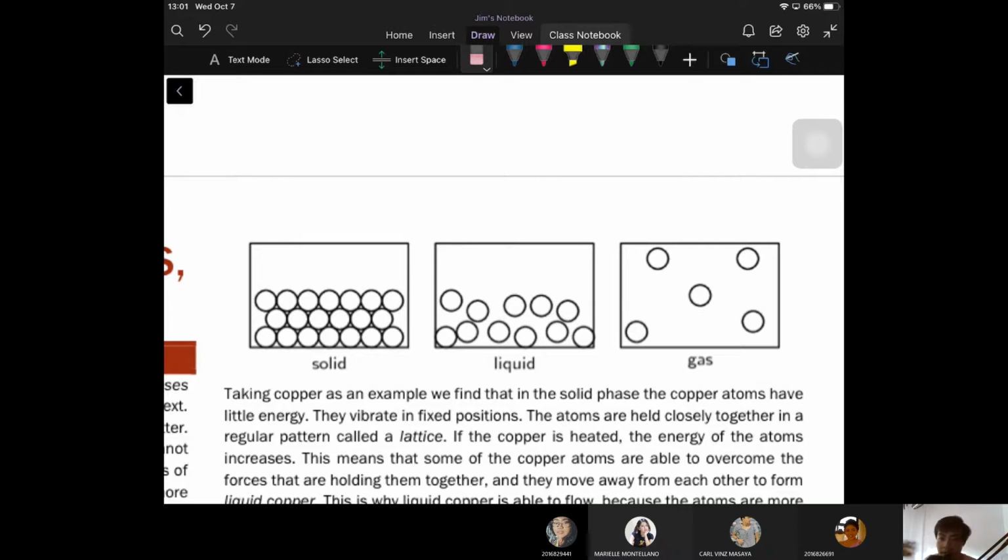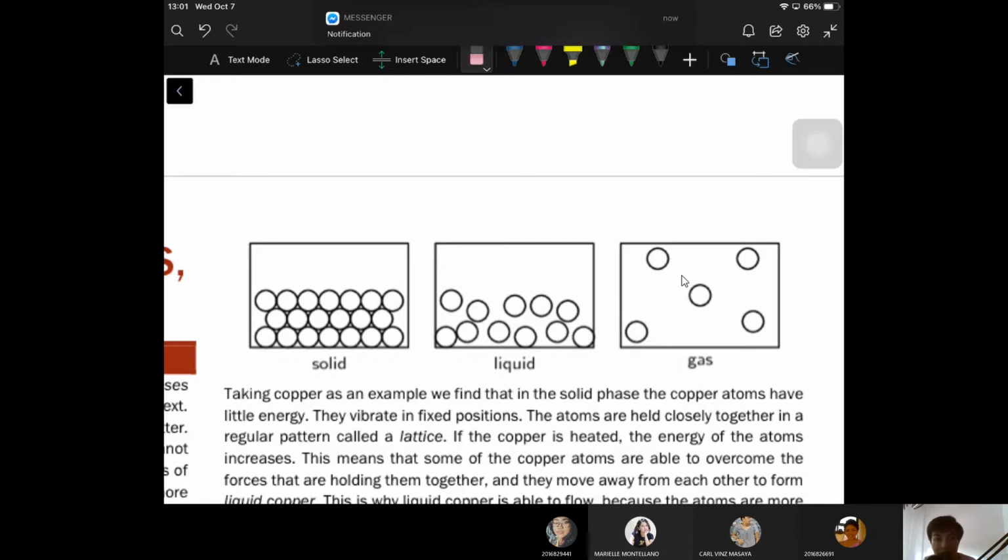Pero if you want to do the opposite, no? Gusto mo babaan yung energy niya, ilagay mo siya sa freezer or babaan mo yung temperature. As that happens, yung energy ng particles will be absorbed by the surroundings, no? Ilalabas ng matter yung energy niya. So, ibig sabihin nun, humihina siya, no? Bumabagal yung kanyang energy, yung kanyang kilos.